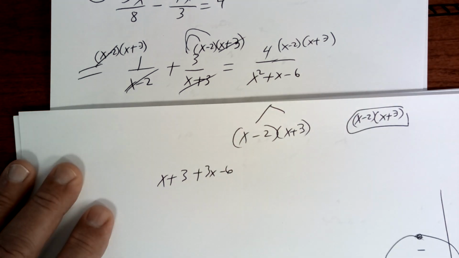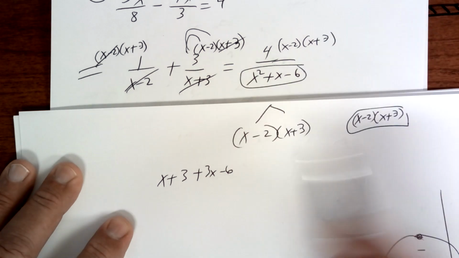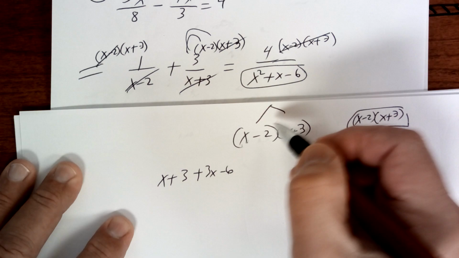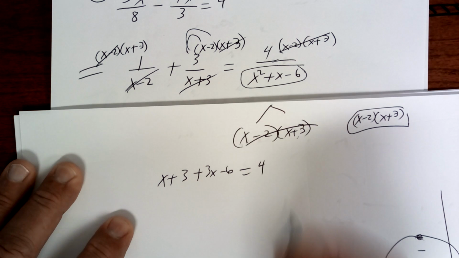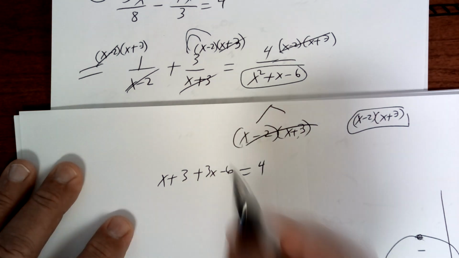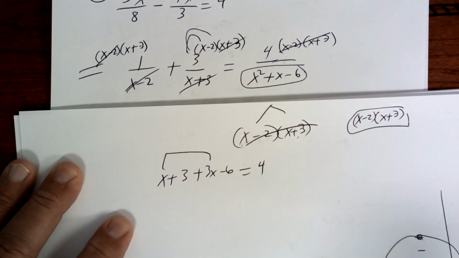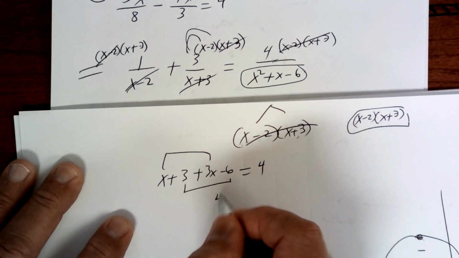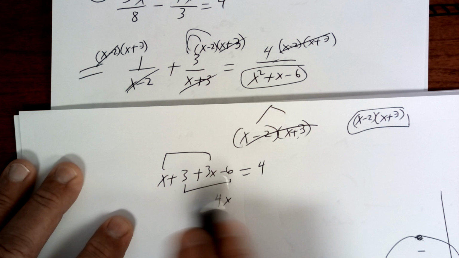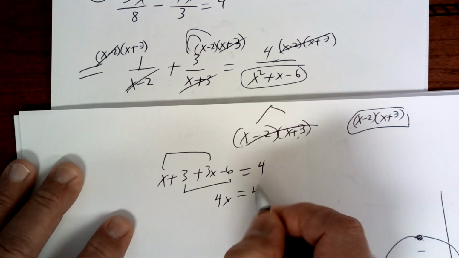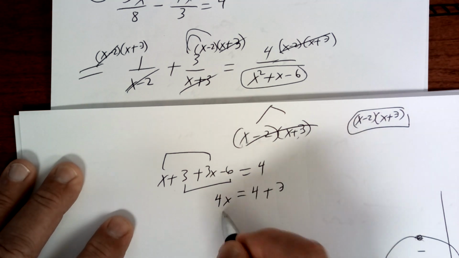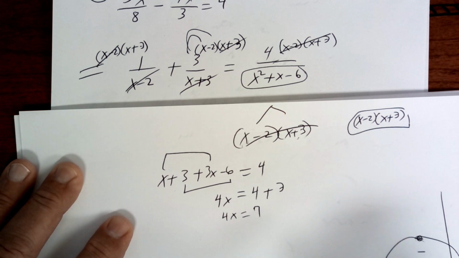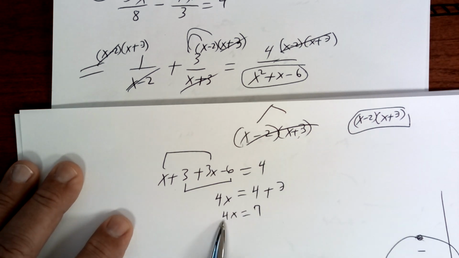When you do this one, both of these cancel and you get equals 4. Then you combine like terms, which is 4x. This right here is a negative 3, but when I move it to the other side, it becomes a plus 3. So I'm going to get 7. Remember, you always divide by the number with the variable, so I'm going to get 7 over 4.